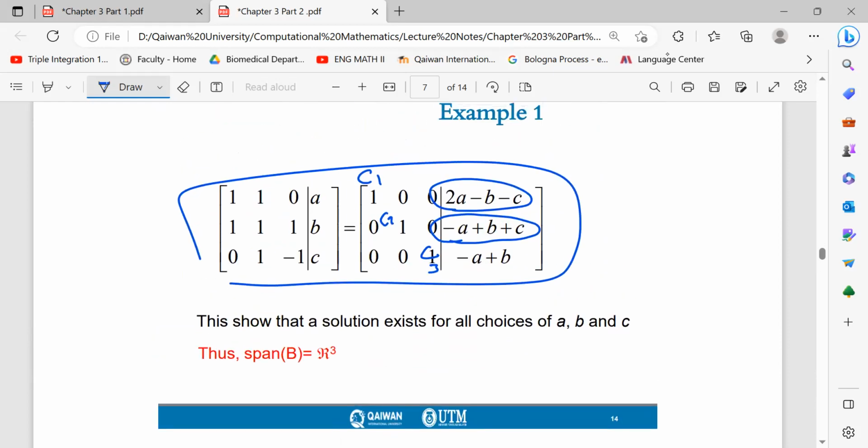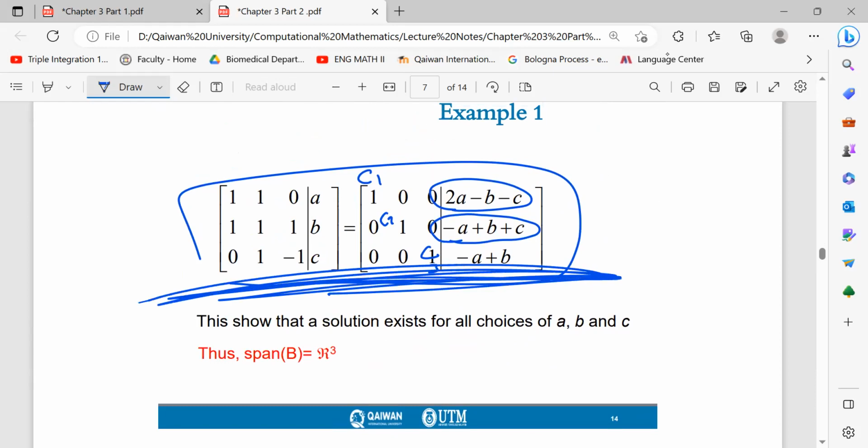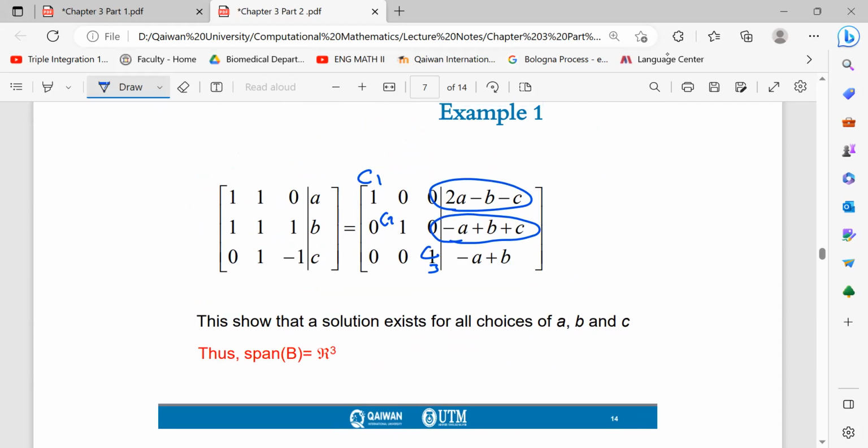But in this case, as we get three values for C1, C2, C3, that means ABC could be written as the linear combination of the three vectors.